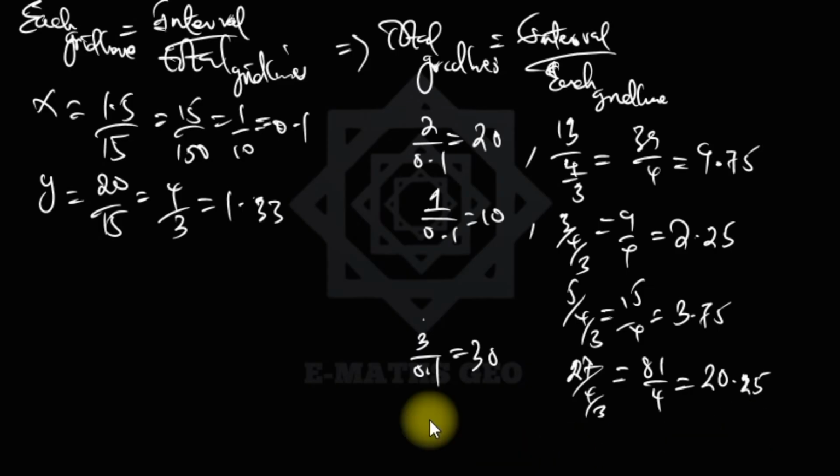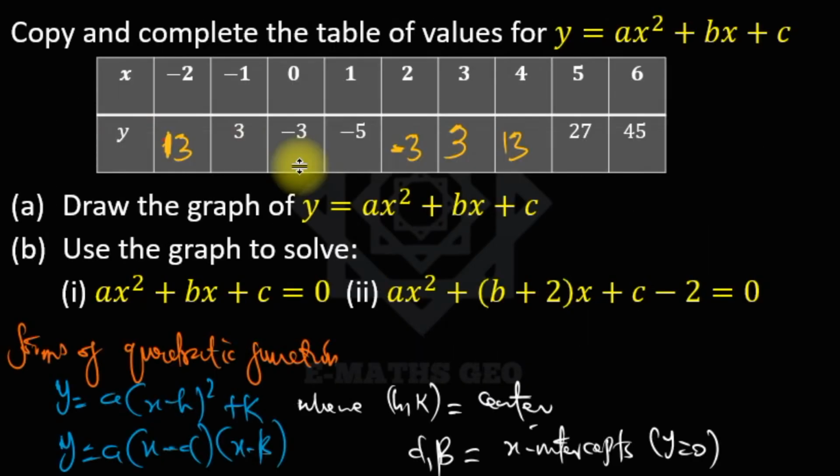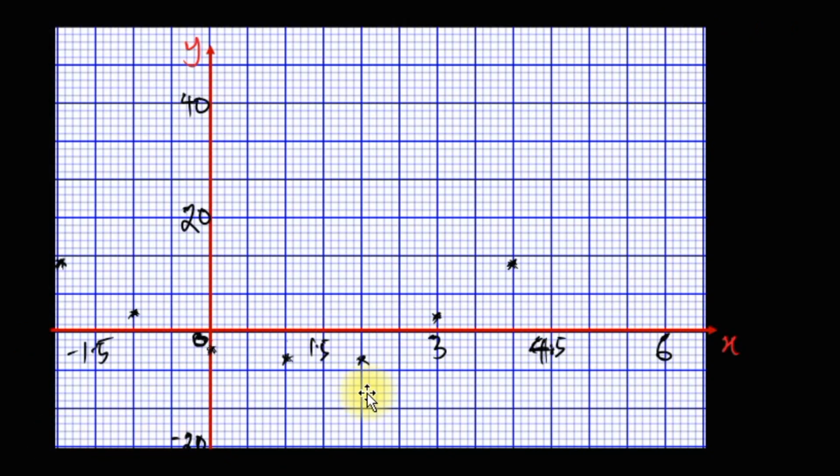So we'll move up. 5 will be 50: 5, 10, 15 up to 50. And we'll move up 20.25, so it should be somewhere here.